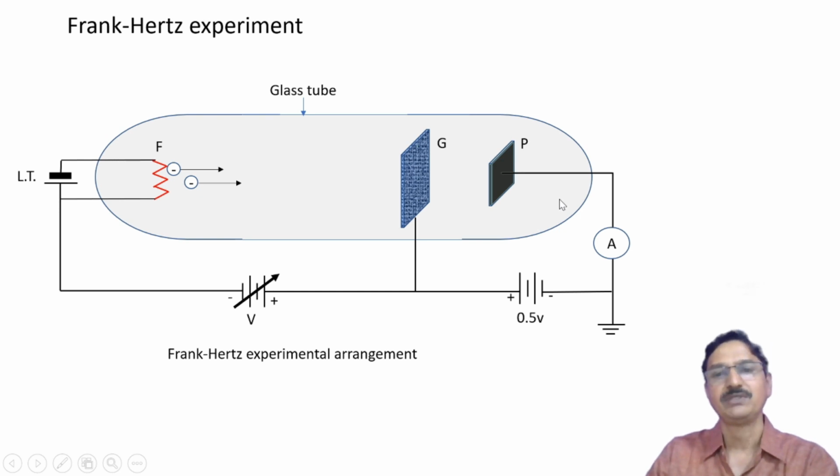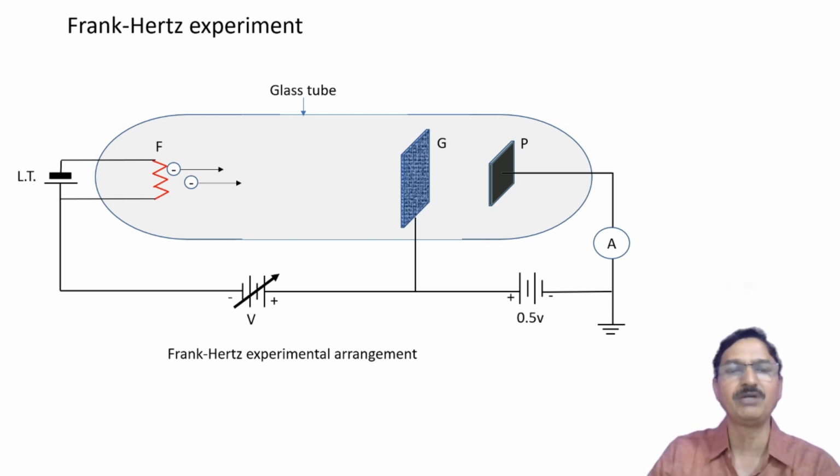As we have seen in the last lecture, Bohr assumed that the energy levels are discrete. There are only certain energy levels, certain orbits, and these orbits or energy levels are separated by certain distances.